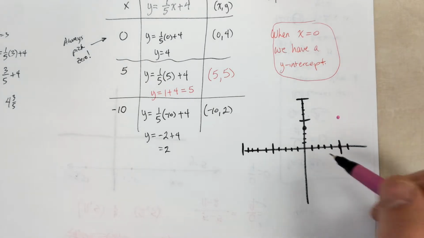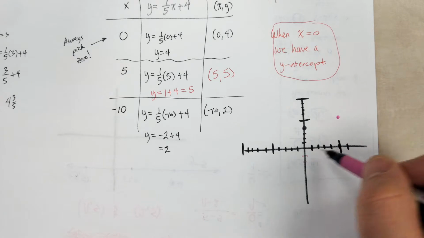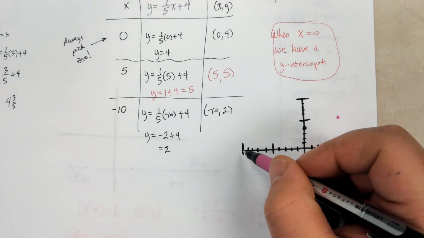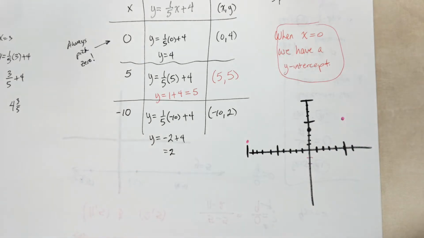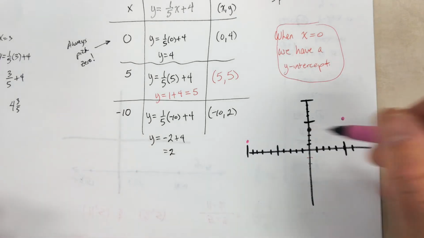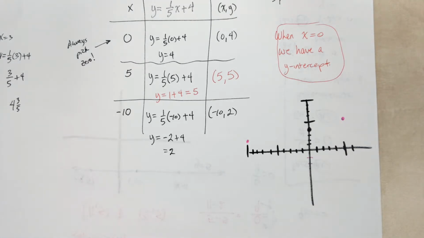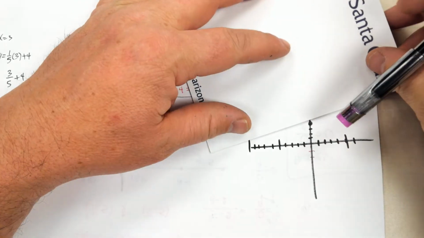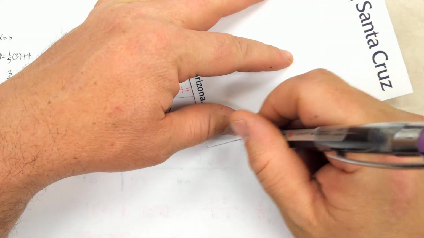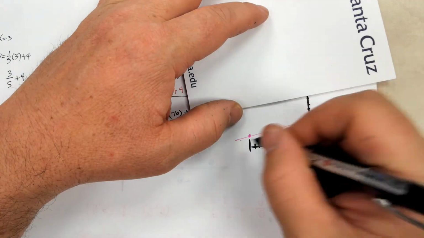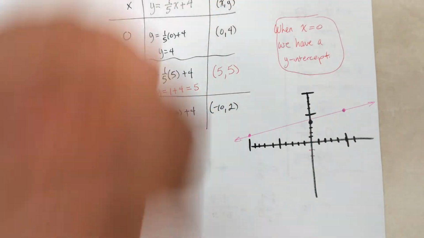And then the first one is -10 and +2. So that looks like it's about right there. If it was on graph paper, it would be easier to find those points, but that's what it is. And then connect the points, and we're done. There we go.